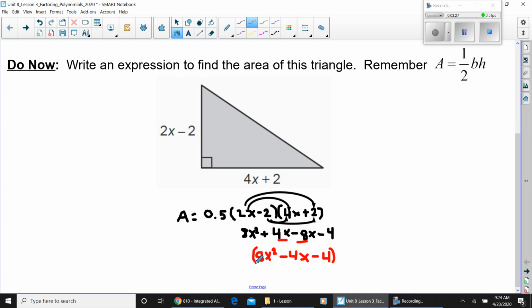Now I'm going to put the parentheses back, and I'm going to put this 0.5 back. When you're multiplying by a half, obviously you're going to halve all the numbers, and that's all that's going to happen. So when you distribute this 0.5 to the 8x squared, you're going to get 4x squared. Then you distribute this 0.5 to the negative 4x, and that's negative 2x.